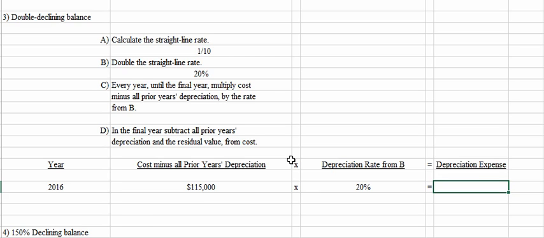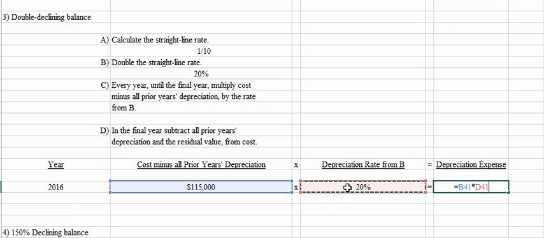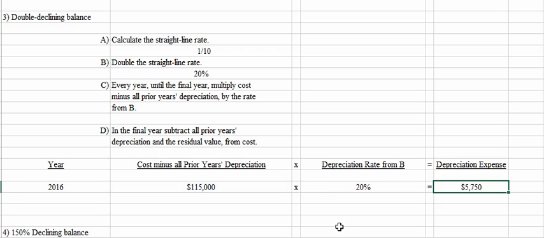So what we want to do is actually say our cost minus all prior year's depreciation times our rate of 20% times 3 months divided by 12 months, the period of time that the machinery was actually placed in service in 2016. So that gives us $5,750. That's 3 months of year 1's depreciation taken in 2016.